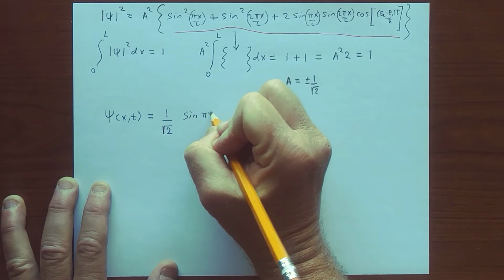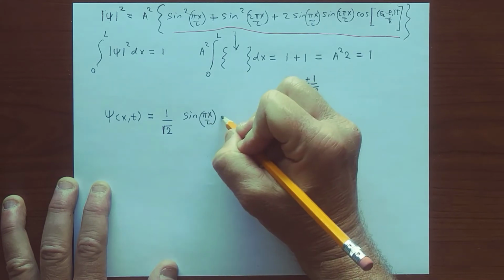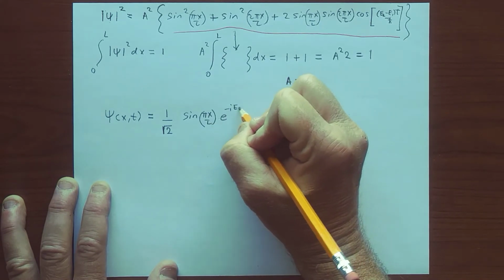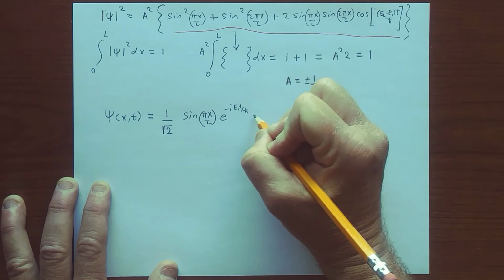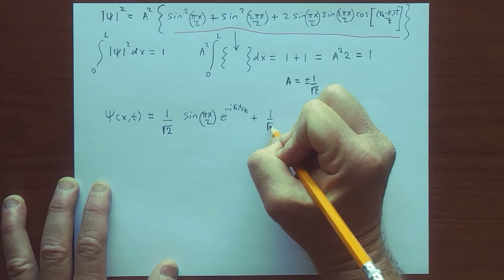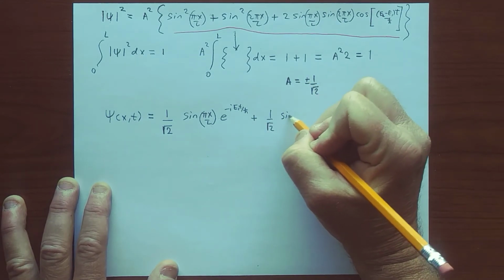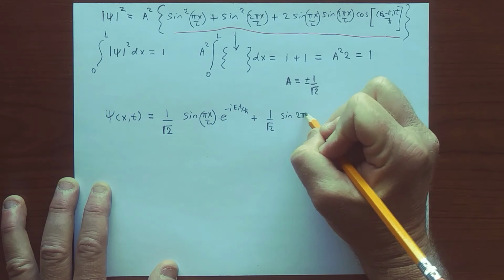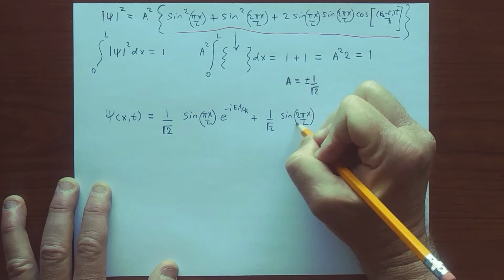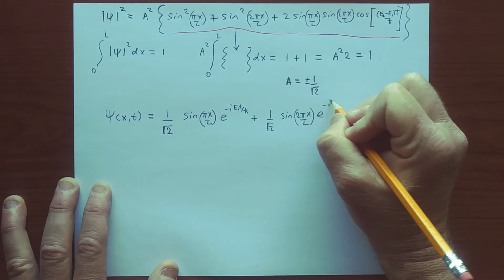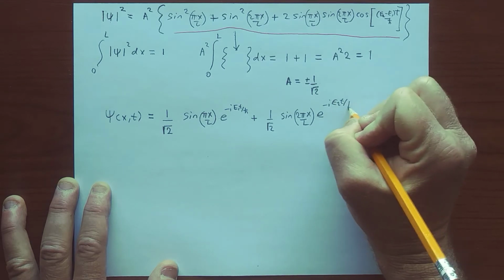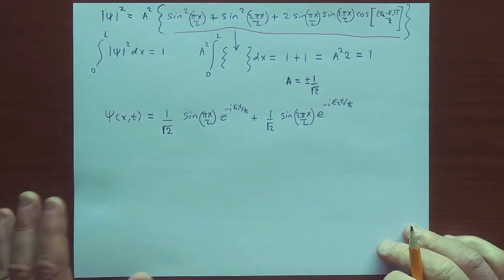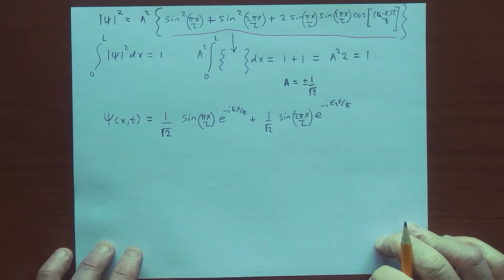Sine of pi x over L, e to the minus i E1 t over h bar, plus 1 over root 2 sine of 2 pi x over L e to the minus i E2 t over h bar. Okay, so that's the wave function.